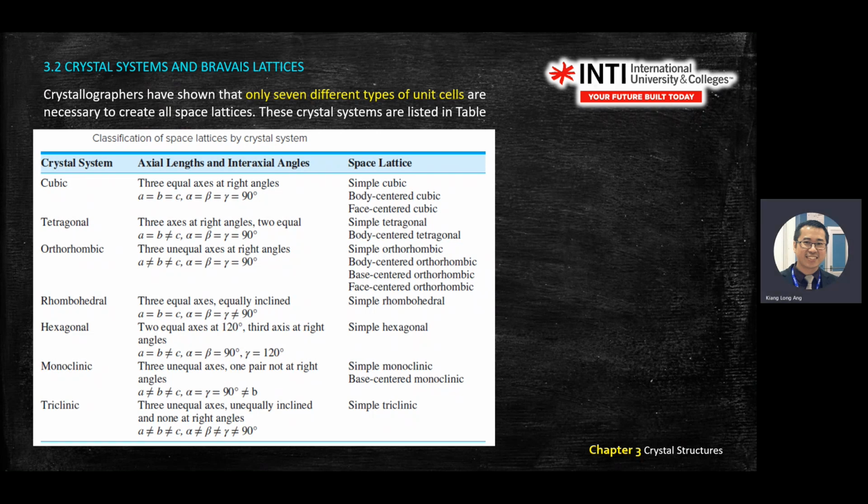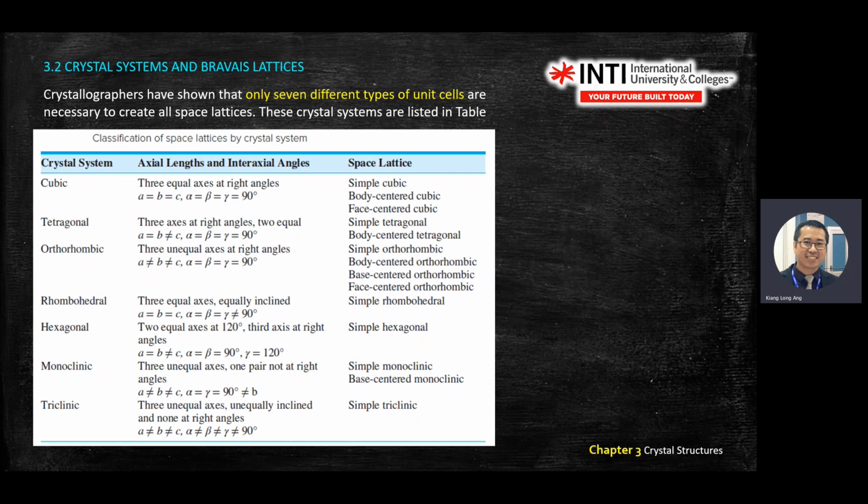And the angle is 90 degrees. It falls under the cubic crystal system. In simple cubic, A, B, C are the same, so the length is the same.